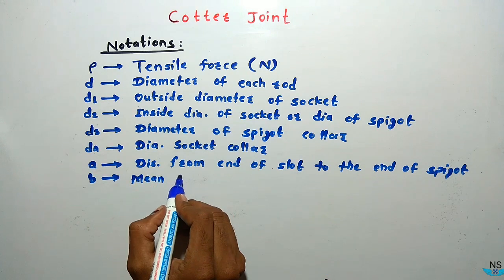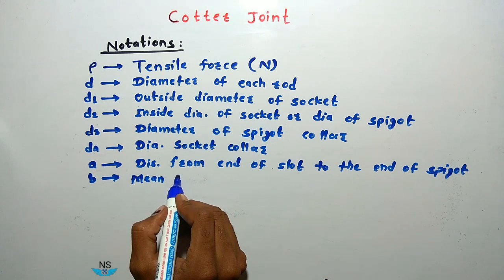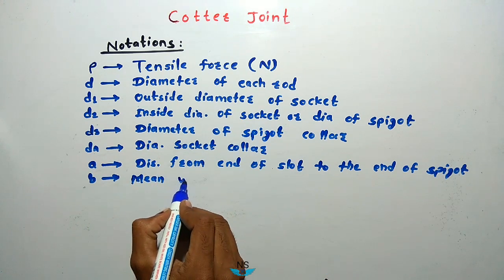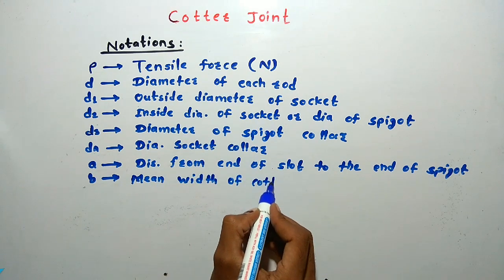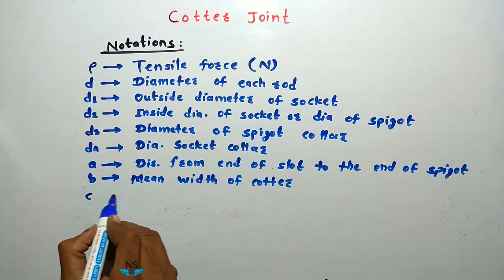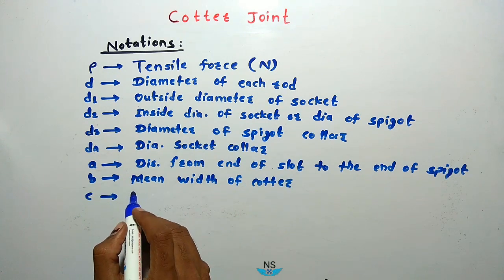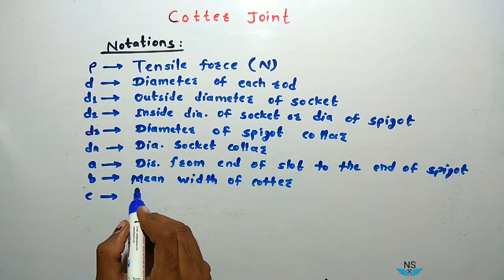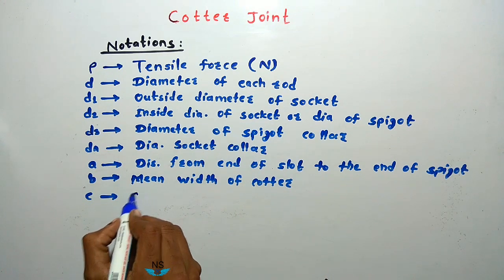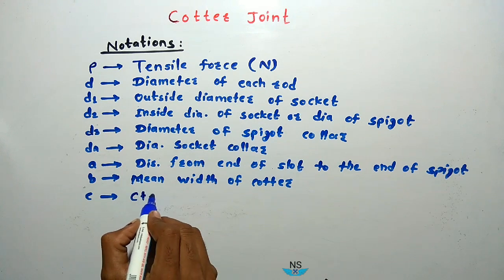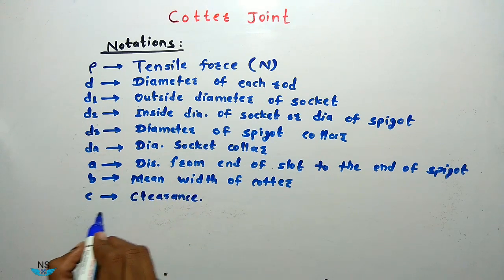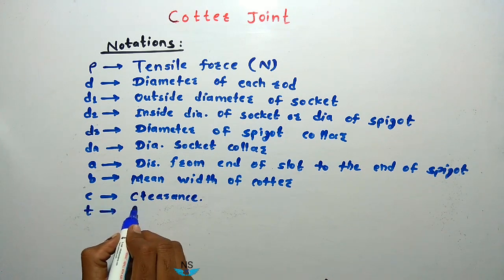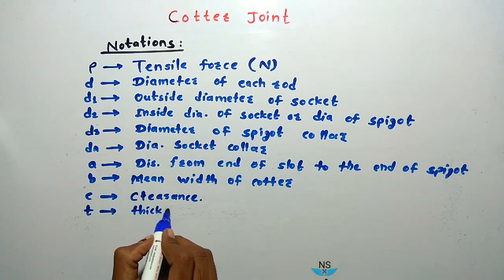Mean width means the width at the axis of joint. And c is clearance, or axial distance from slot to the end of socket collar, in mm.